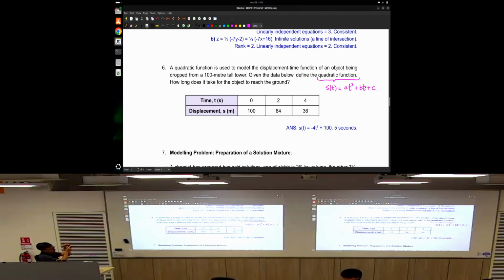In order to get A, B, C, obviously you need 3 equations to solve 3 unknowns. So you have the data points here.